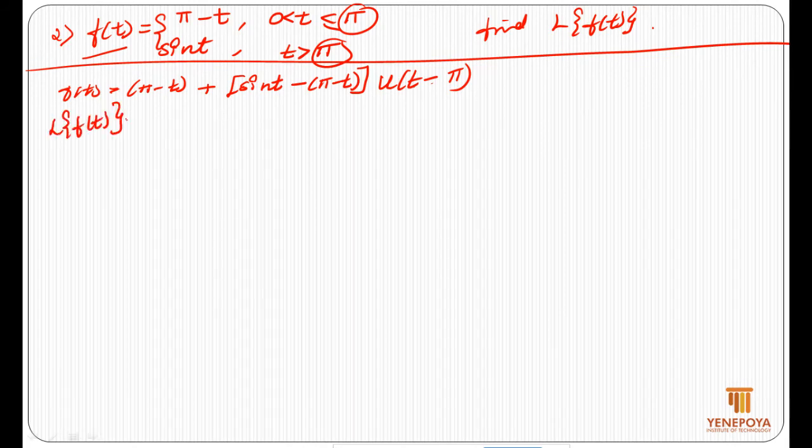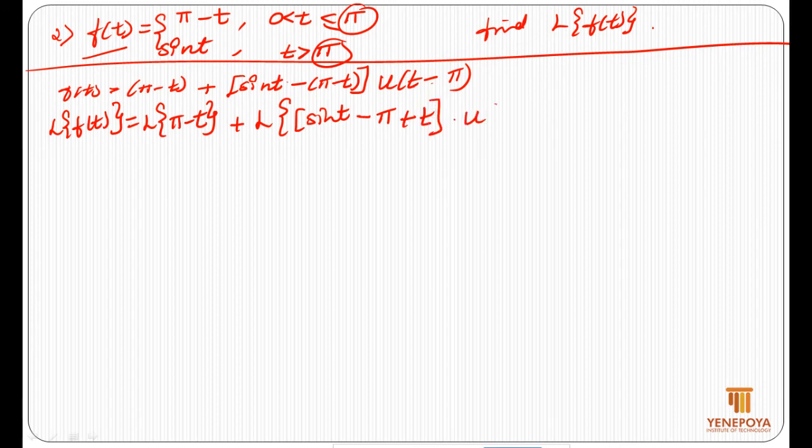Laplace transform of f(t) is the Laplace transform of π − t, plus the Laplace transform of the second term, that is {sin t − π + t} into u(t − π), closing the flower bracket also. Now I will take this term as capital F(t − π).